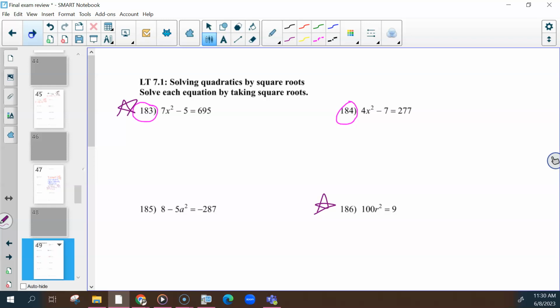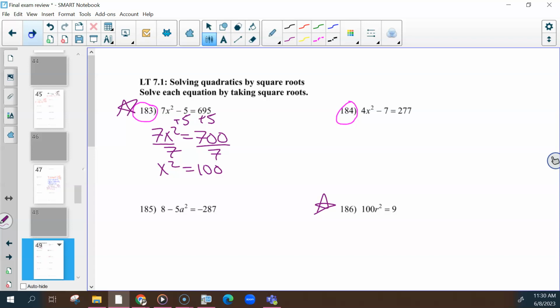Our goal is to get the variable by itself. So solve it just like a normal problem. Add 5. Divide both sides by 7. And then you just take the square root of that answer.